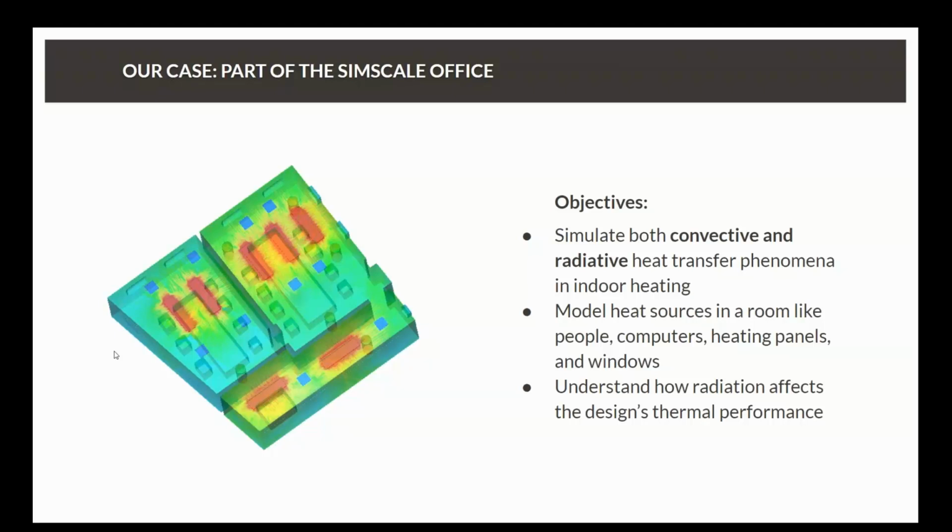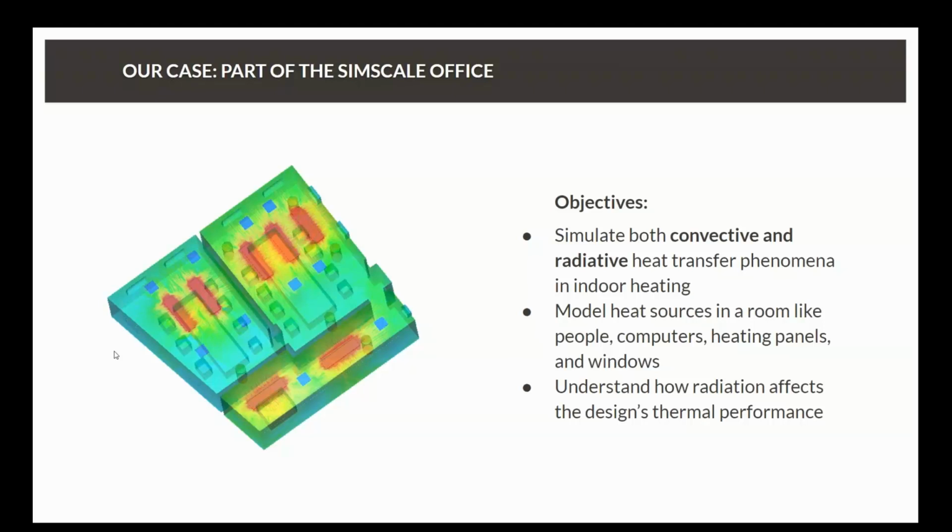This is not super representative of the office because, being in Bavaria, we actually don't have any air conditioning, so it gets pretty cold in the winter and pretty warm in the summer. But we've tried to play a little bit with it, so we've added some radiative panels on the ceilings. What we want to do is make a comparison between the exact setup that we have here with radiation off and radiation on, to see how much difference it really makes.